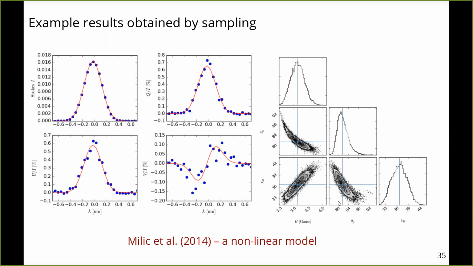Right. And these density plots show you the probability density of the combination of parameters. For example, this top density plot shows you the correlation between the magnetic field, which is on the x-axis, and the magnetic field inclination, which is on the y-axis. And we see that it's not even an ellipse.